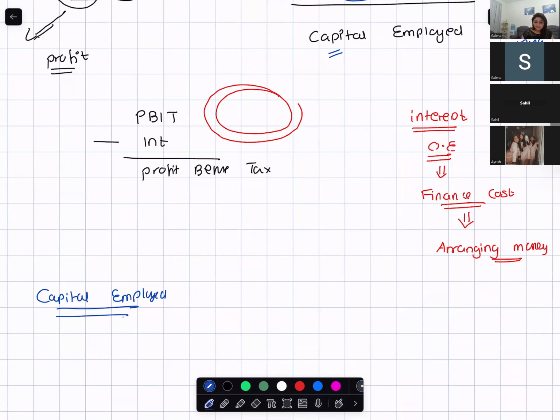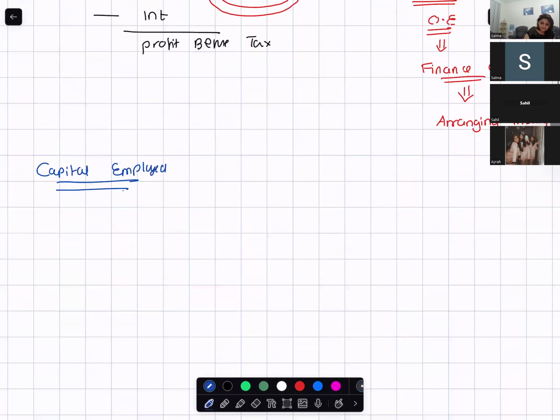It's the total assets minus the current liability. What is the meaning of it? The remaining value of the business, how much is left. It means the money used in business. What is the money that you can use in the business?